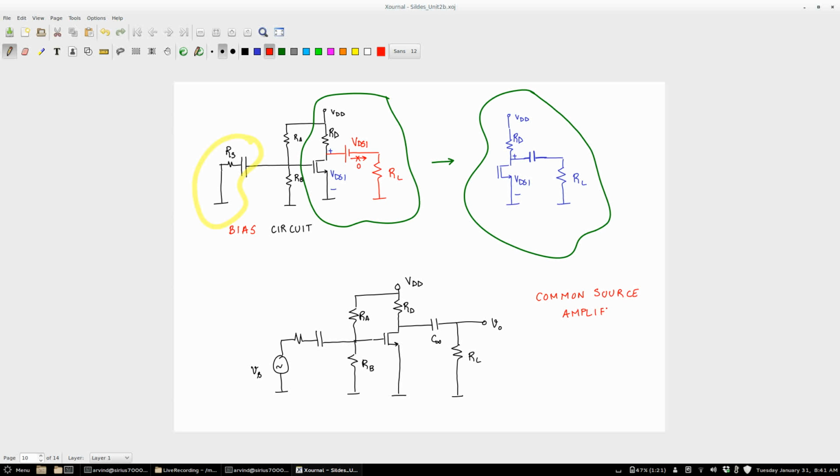That's why I have written here V0. This is my full common source amplifier, and these capacitor infinity are called decoupling capacitors.